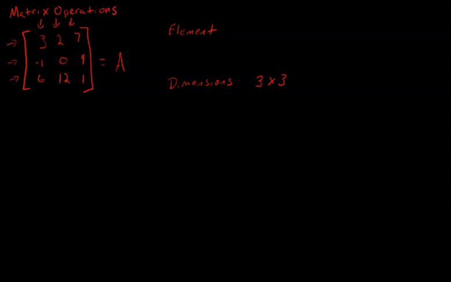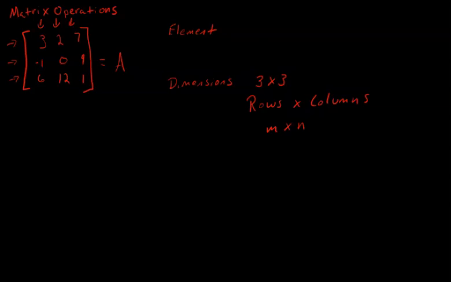So this is rows by columns. And for a general matrix, sometimes we'll call this M by N.